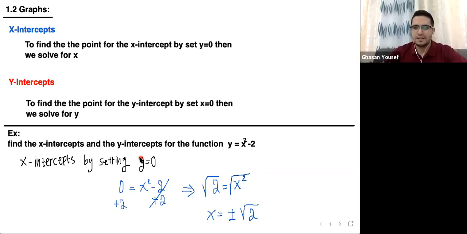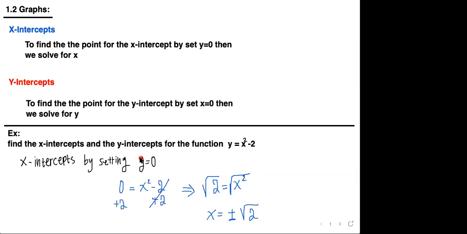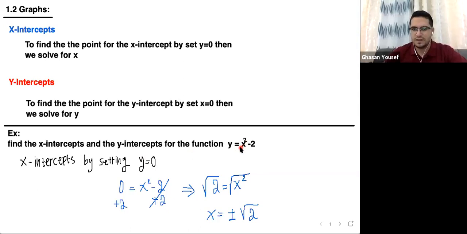Michael said we plug the 0 in for the x variable, then we get y equals 0 squared minus 2, so y equals minus 2. This is correct, Michael. Thank you.